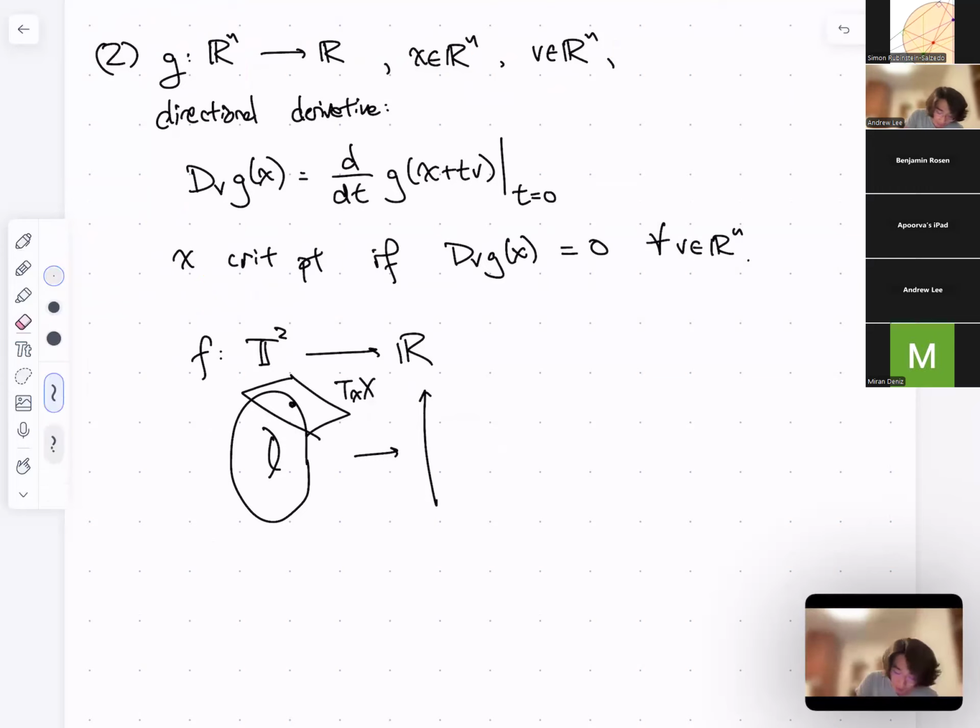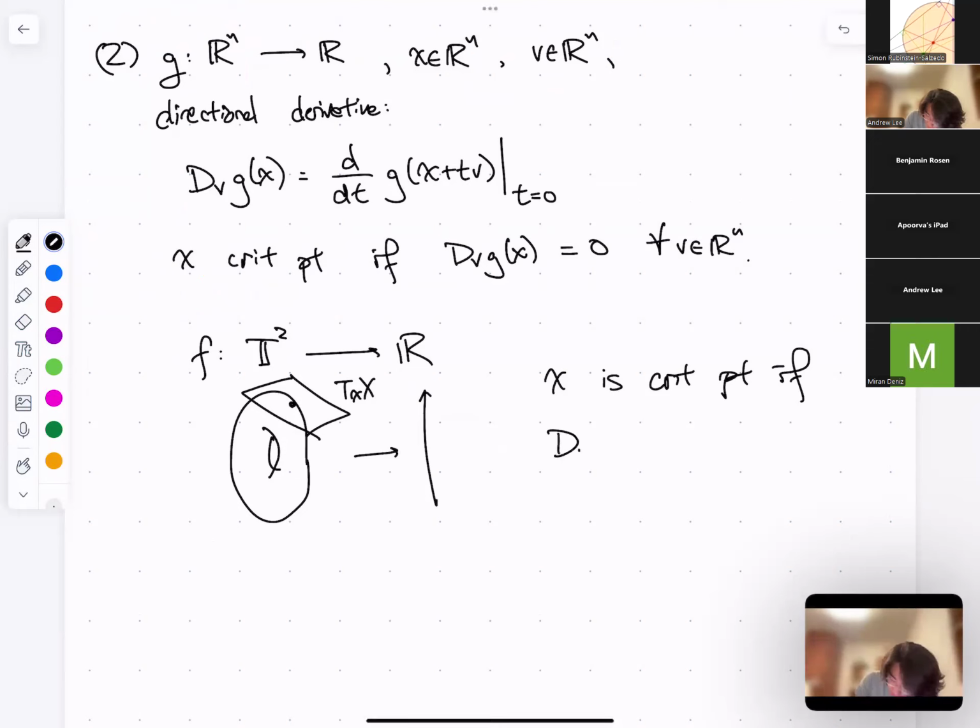And so what I'll say is that x is a critical point if the directional derivative of f at x is equal to 0 for all v only in the tangent space at x.